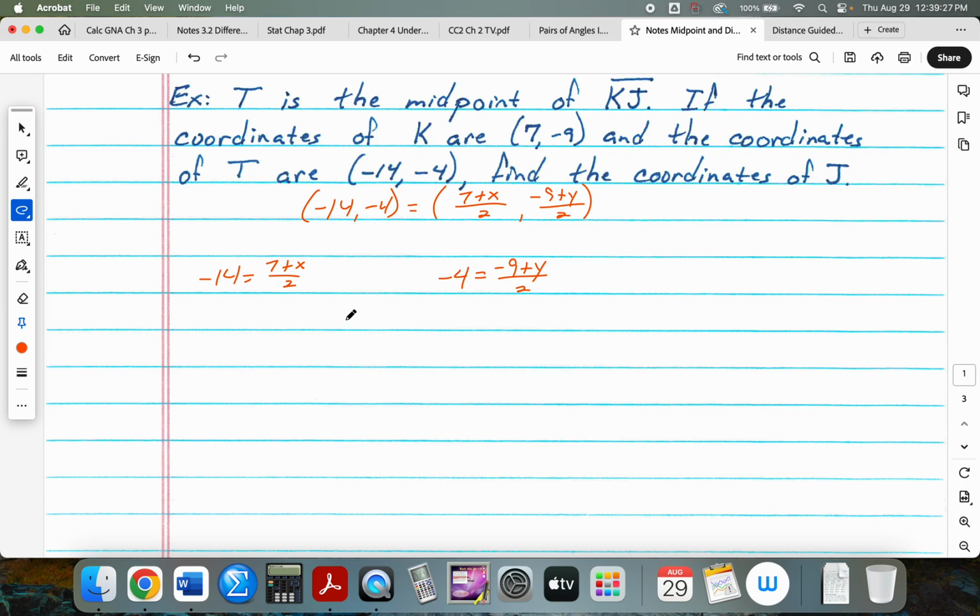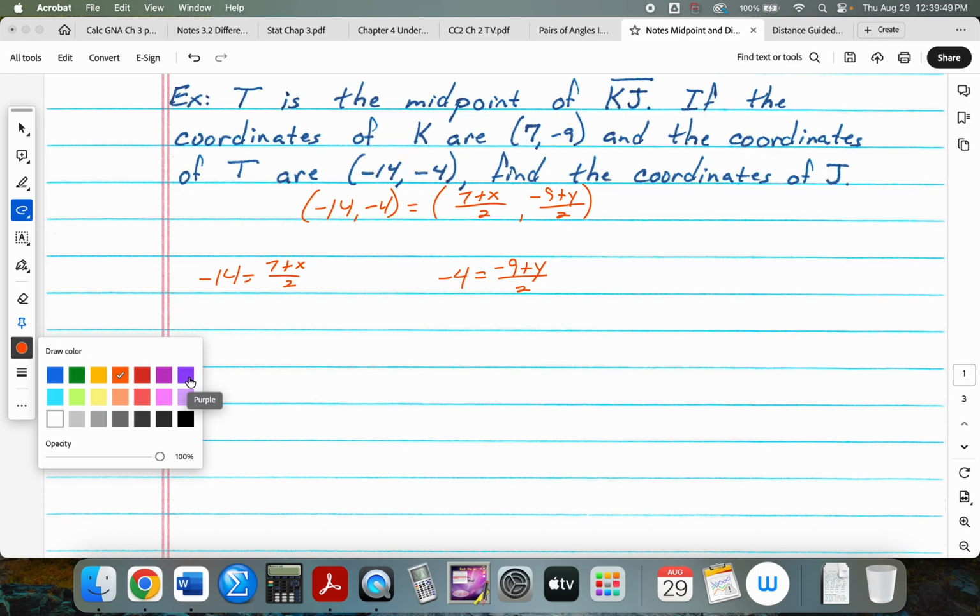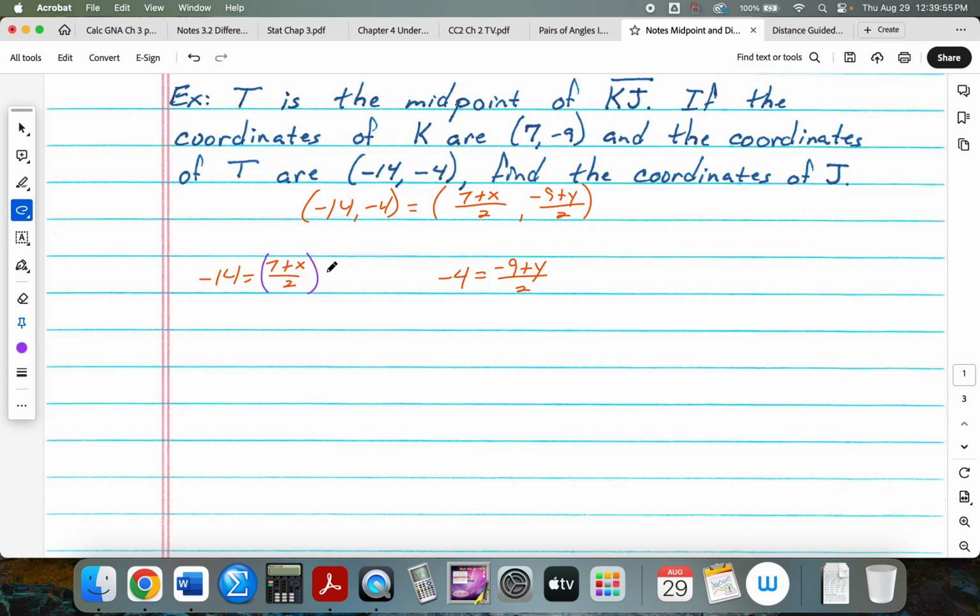Yeah, you could. I wouldn't, for two reasons. Number one, here you're going to get like 3.5, and I'd rather not get a fraction. The second thing is you've got to get rid of the 2 sometime or another, right? Multiply both sides of the equation times 2.